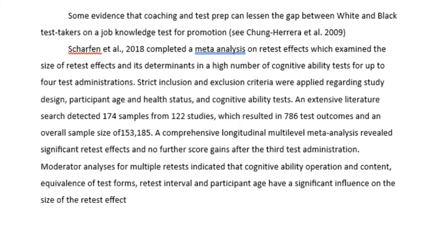A comprehensive longitudinal multi-level meta-analysis revealed significant retest effects and no further score gains after the 3rd test administration. Moderator analyses for multiple retests indicated that cognitive ability, operation and content, equivalence of test forms, retest interval and participant age have a significant influence on the size of the retest effect.